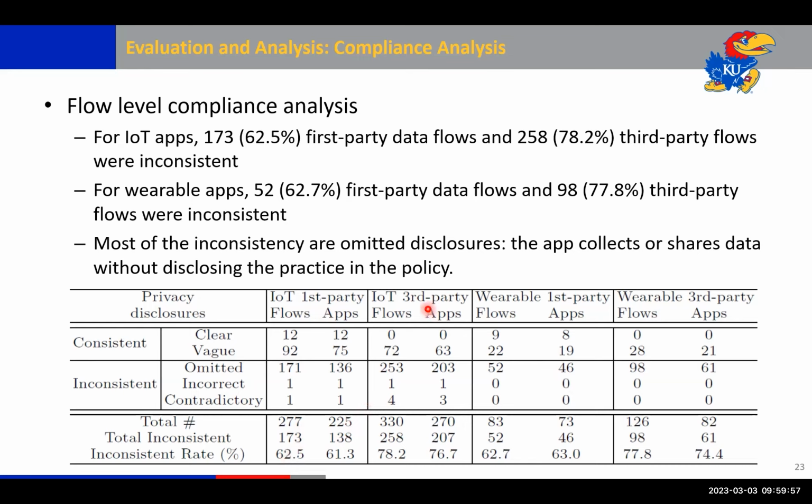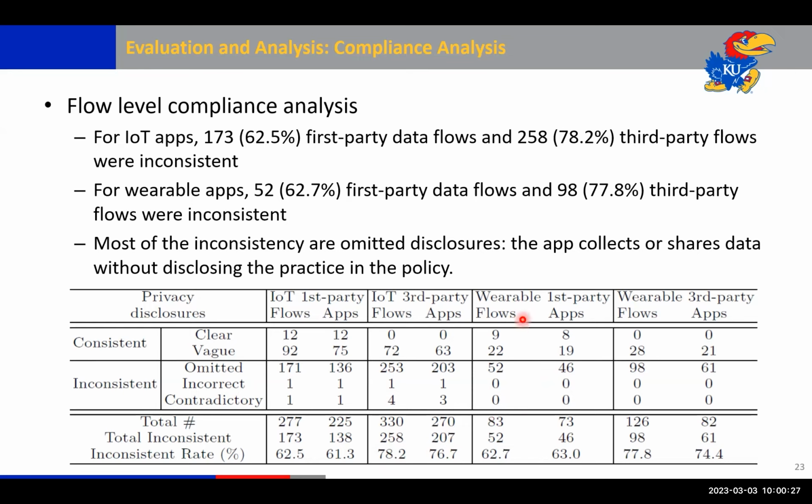IoT apps for third party. Now, first party is when the app itself collects the data. Third party means when the app sends the data to another third party entity, like PayPal for payment information. That's third party disclosure. Third party flows inconsistent, like sharing of data with third parties. We found 78.2% of them were inconsistent with actual practices.